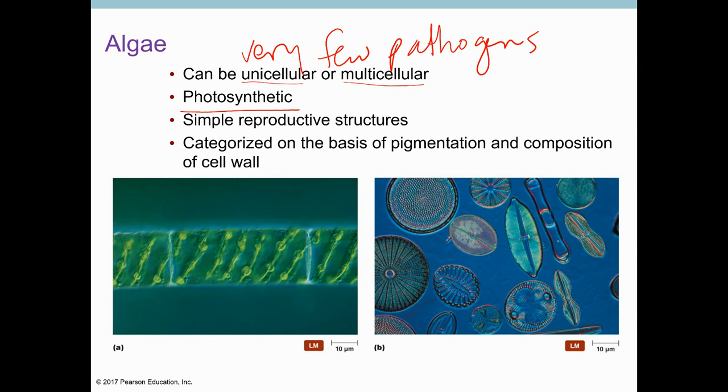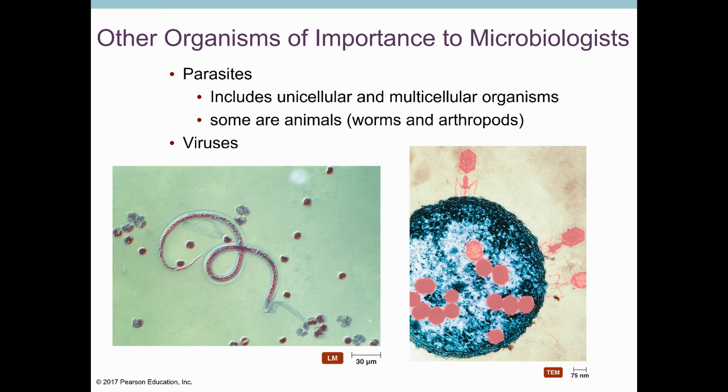We won't talk about them too much, but you may recall, like plants, they're photosynthetic. They do reproduce sexually, and they can be identified based on their various characteristics and chemical composition. But the algae are not going to be a focus for us in this course.